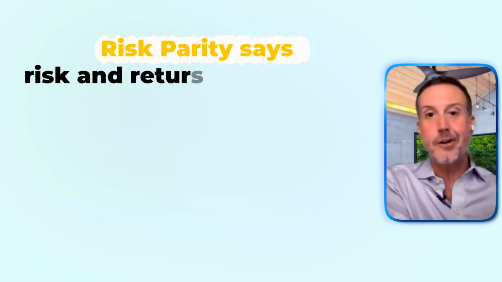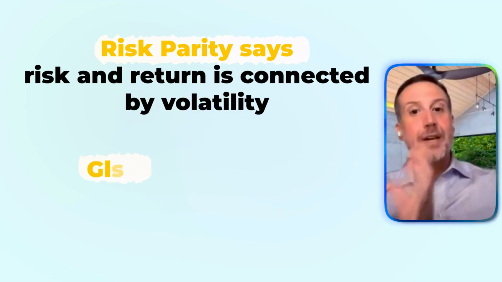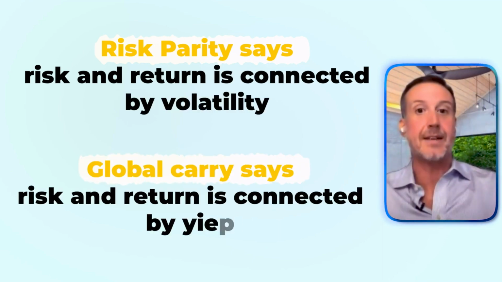It's diversifying across different frameworks. Risk parity says risk and return is connected by volatility. Global carry says risk and return is connected by yield. And we're still delivering the same principles of diversity and balance, but with different frameworks for the relationships between risk and return.